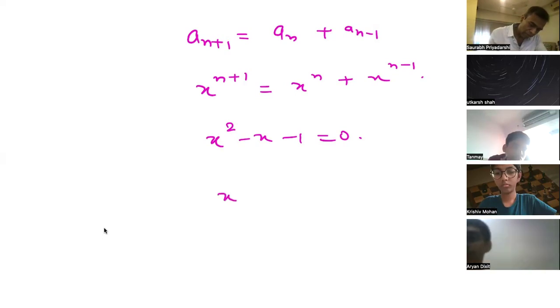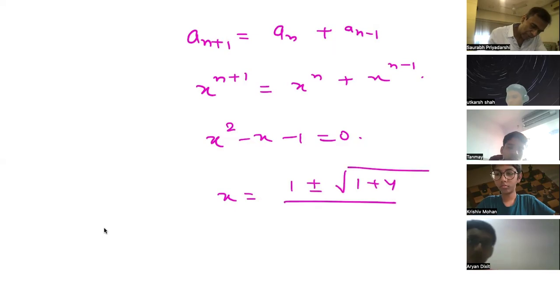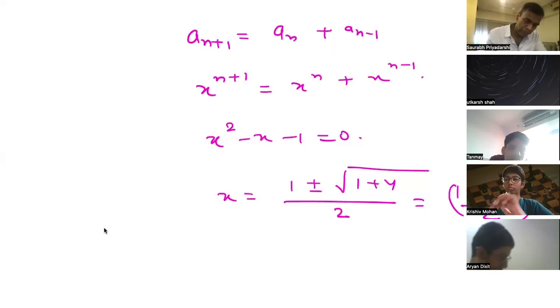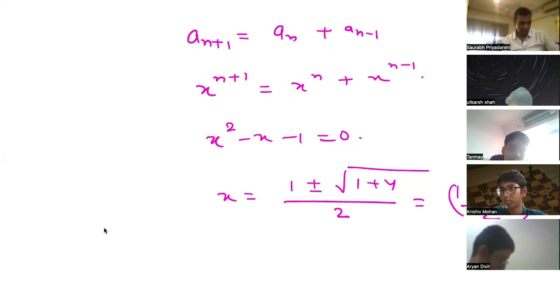From this, you'll get the value of x as minus b plus minus under root of b square minus 4ac by 2a. When you are getting real values, x is 1 plus minus root 5 by 2. You are getting two values, one plus and one minus, the quadratic roots.